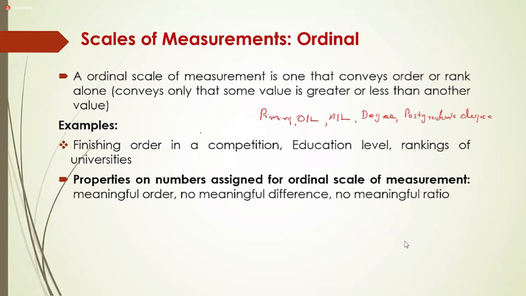Now, can we compare O level is less than A level? Or the O level qualification is lower than A level qualification. Is it meaningful? O level is the lowest qualification comparing to the A level qualification. Is it meaningful? Yes, ma'am.